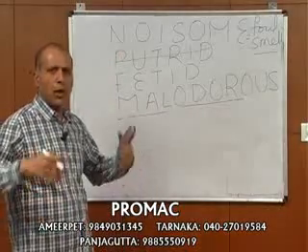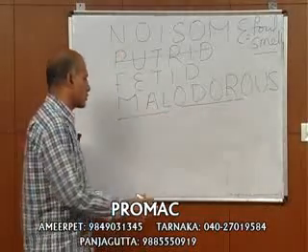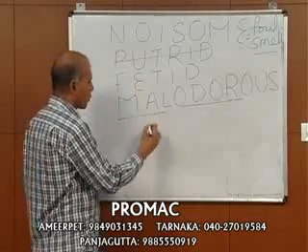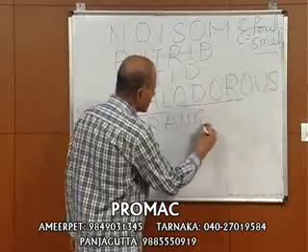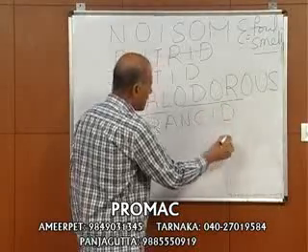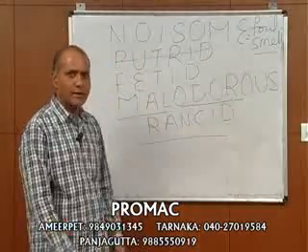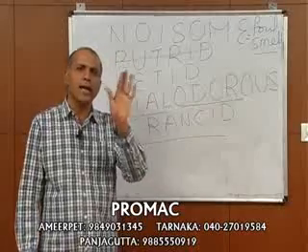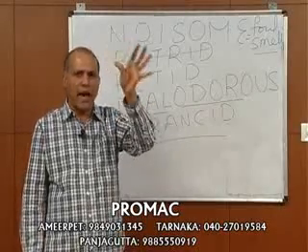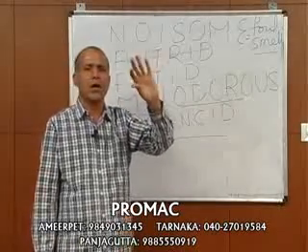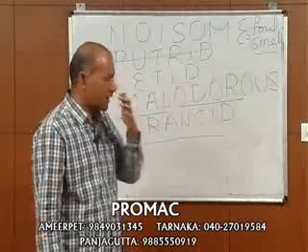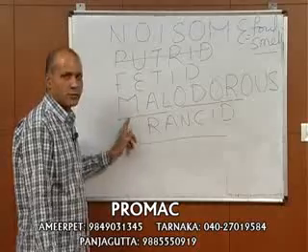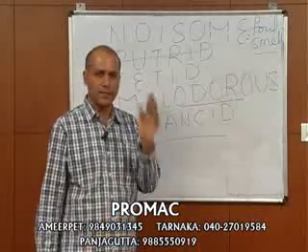Malodorous is also bad smell or foul smell. There is also one more word taken in the meaning of bad smell. However, this word, rancid, should be used only when we are talking about fats, fatty acids or oils. When oils or fats get damaged, they get a peculiar smell called rancidity.